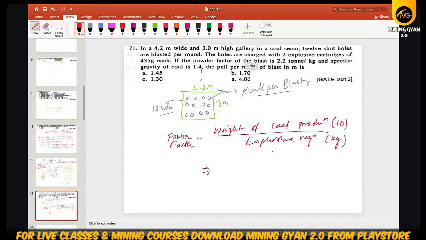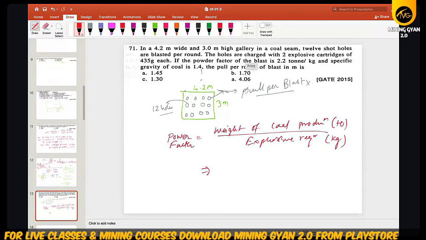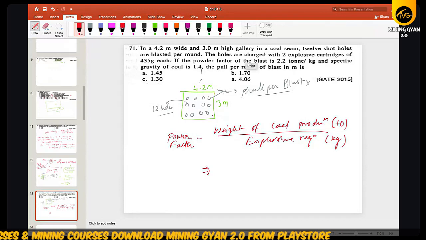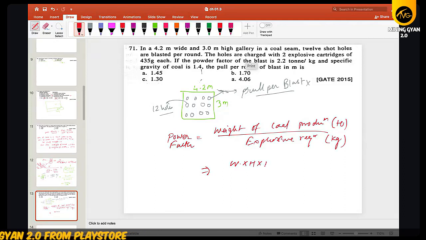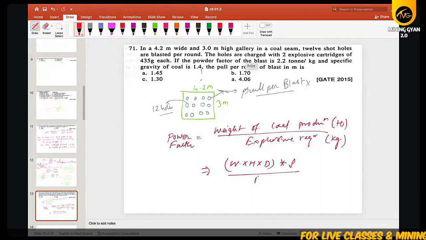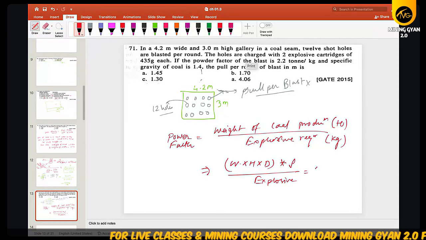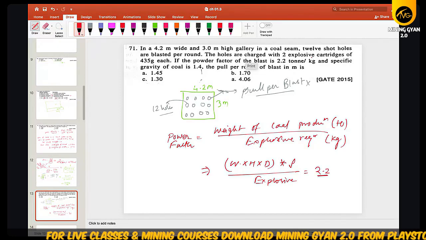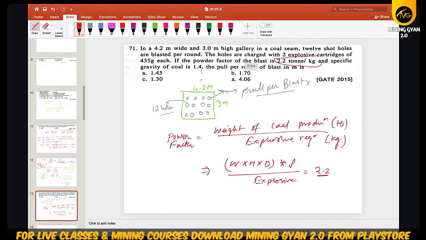What does the weight of the coal mean? Width, height and depth give us the volume, multiplied with the density, divided by the explosive. And the powder factor they have mentioned is 2.2 ton per kg.